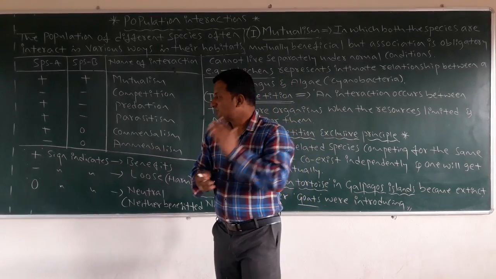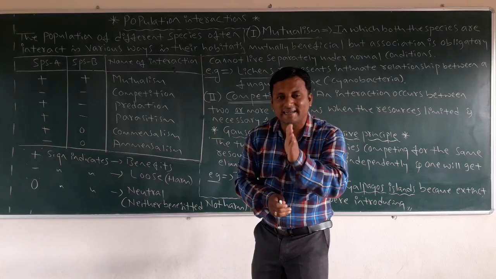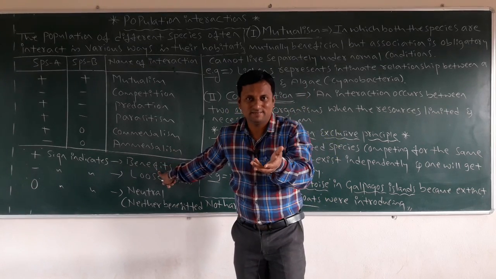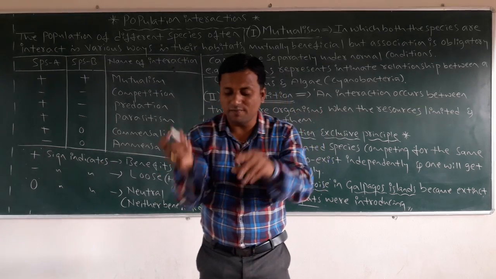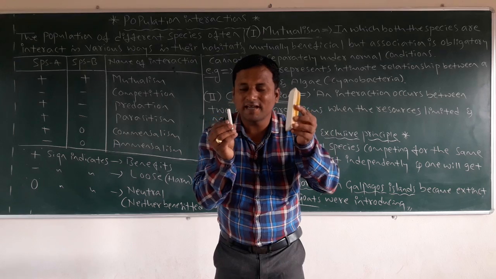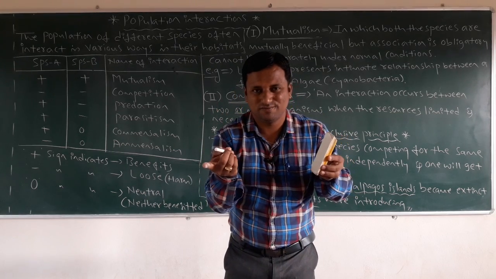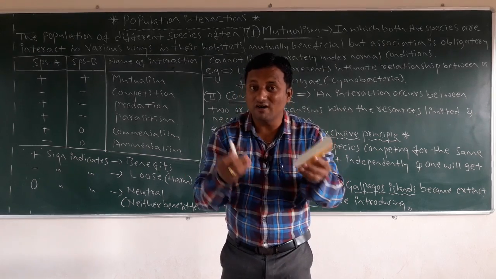So first, the plus sign indicates that the organism gets the benefit. If interaction is going on between two organisms, one organism becomes dominant and another becomes recessive, meaning superior and inferior, strong or weak.